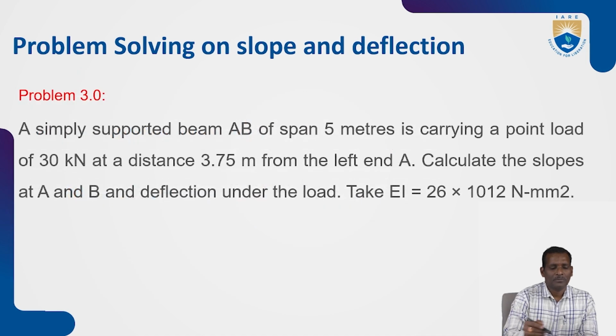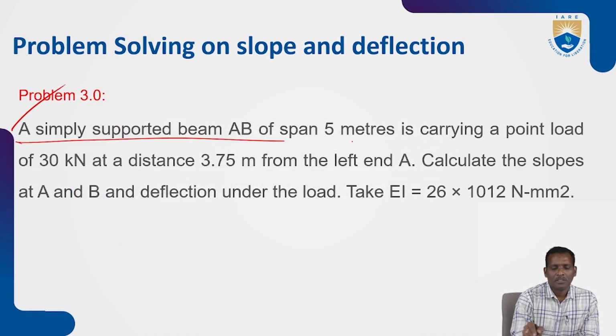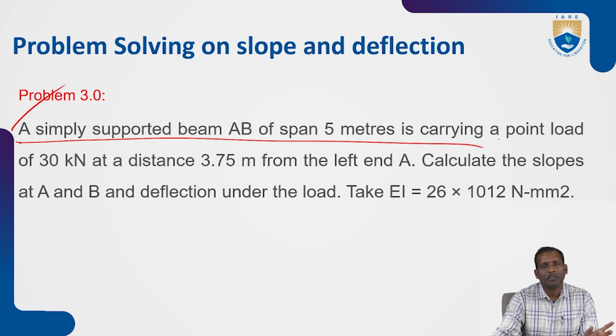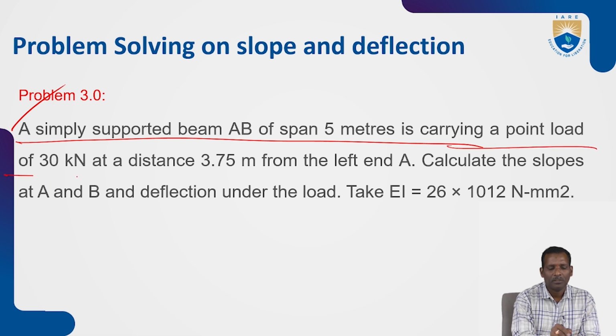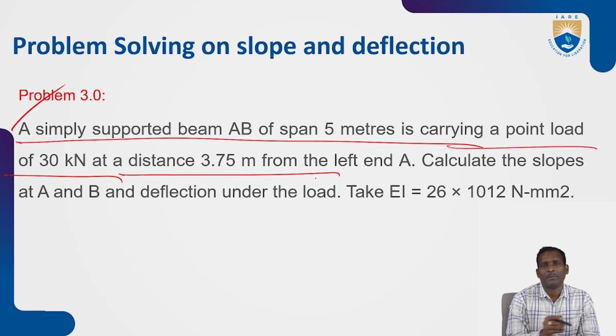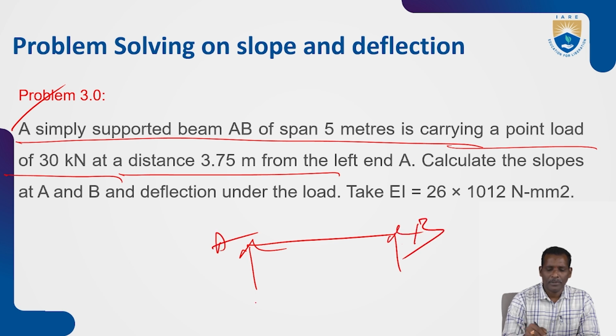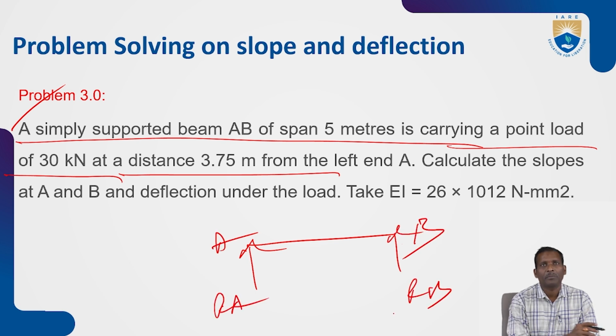So next, problem number 3, it's a simply supported beam. This type of beam is also given, simply supported. AB of span 5 meters is carrying a point load of 30 kilonewtons at a distance of 3.75 meters from the left hand. So suppose you draw this diagram, simply supported here, A and B, RA and RB.